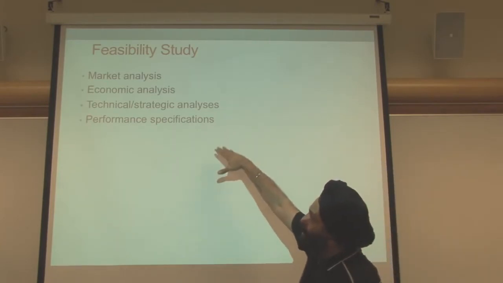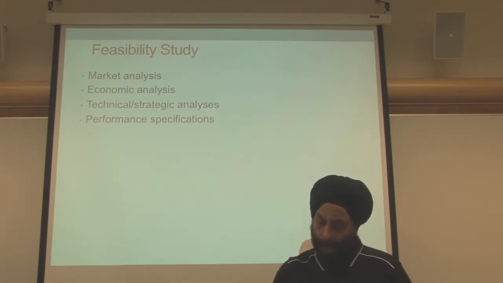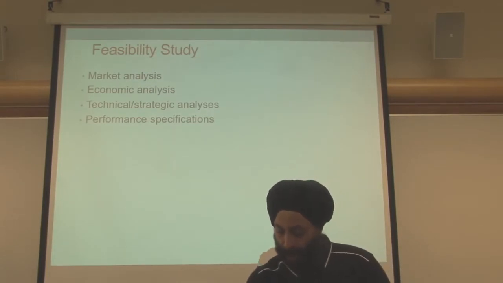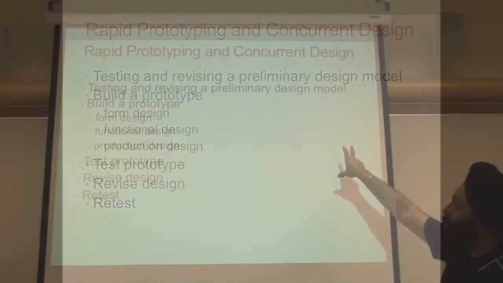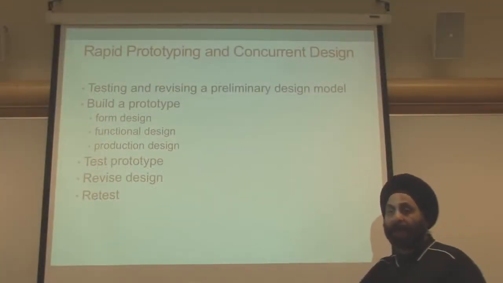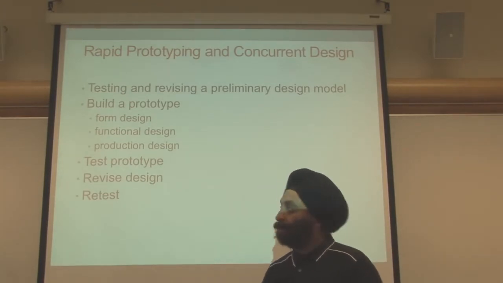And then from all this come the performance specifications needed to make the new idea work well in the industry. Rapid prototyping, as I mentioned earlier, is testing and revising a preliminary design model. Build a prototype, like a first draft of what the product will look like.